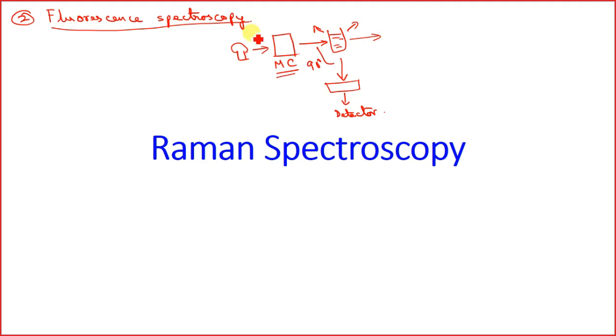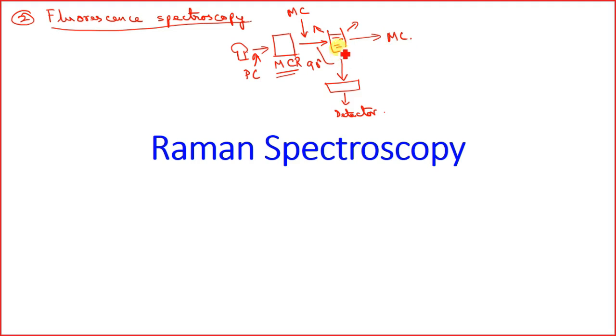Okay, so here it was polychromatic light and here we were having monochromatic light. So MCR, let me call it MCR, monochromator, and here we are having monochromatic light, and this monochromatic light is getting transferred through the sample. Okay.